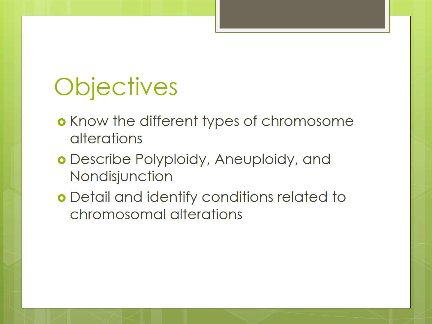And then you should be able to discuss and identify the conditions we talked about at the end of the lecture, the different trisomies and Turner and Klinefelter syndrome, and be able to identify what those chromosomal alterations are that are associated with those diseases.